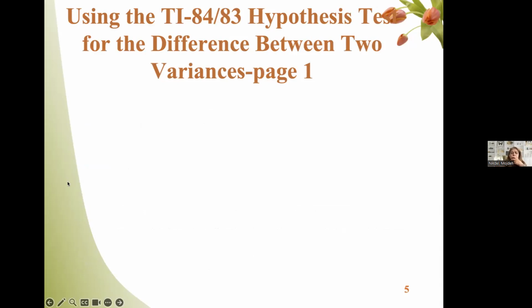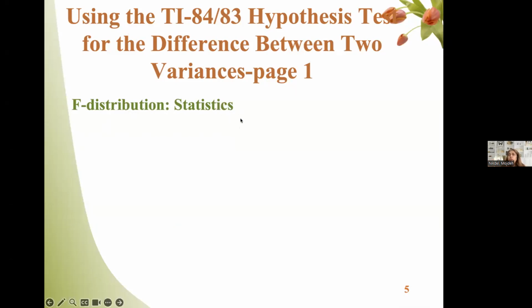Okay, what are the steps? What type of test are we going to pick here? Using the TI-84 and 83 for a hypothesis test for the difference between 2 variances. When we have 2 populations and we want to do hypothesis testing for variance and standard deviation, we use the F distribution.